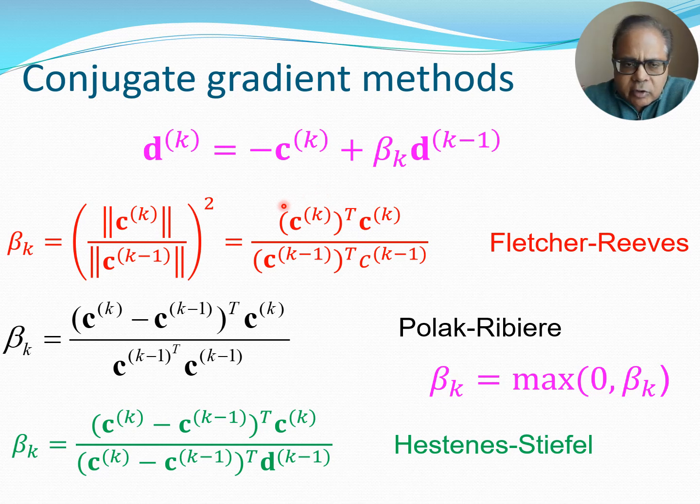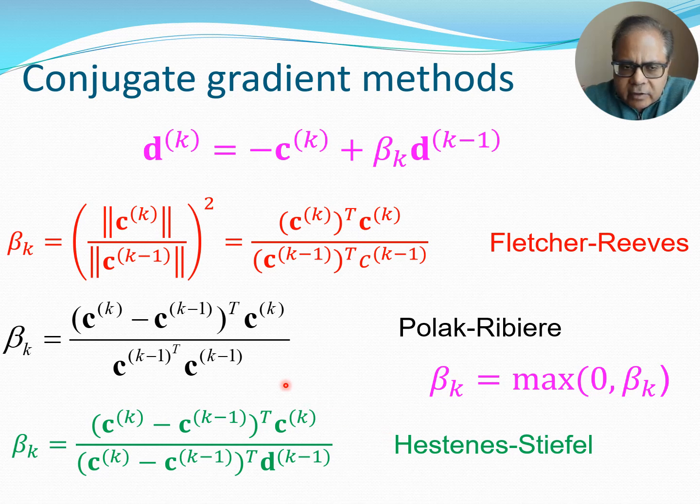In this particular course, I'm going to use this formula most of the time because it's simply the dot product of these two vectors. And if we write the Fletcher-Reeves in this manner, you will see some of the similarities with the Polak-Ribiere method and also with the Hestenes-Stiefel method.